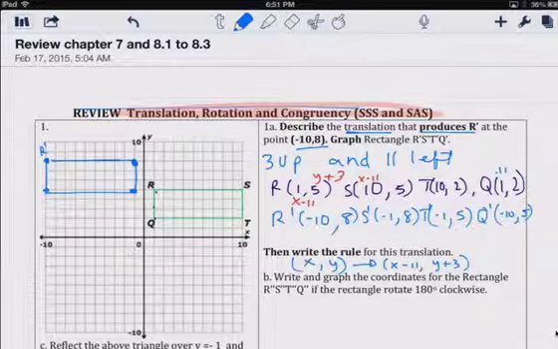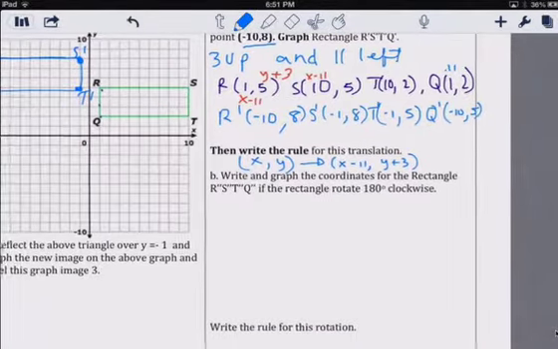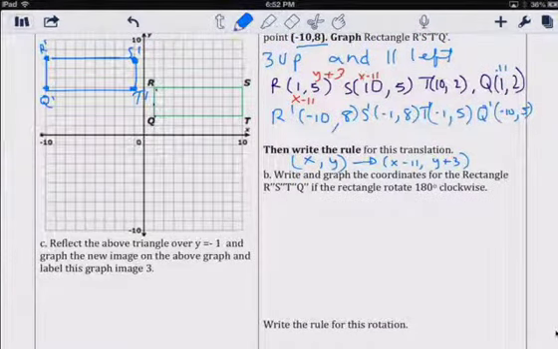You know what? Next time instead of putting R prime, S prime, T prime, and Q prime, we'll just put image 1, image 2, image 3. A lot easier than writing prime, huh, you guys? Okay. But the letters give me guidance.